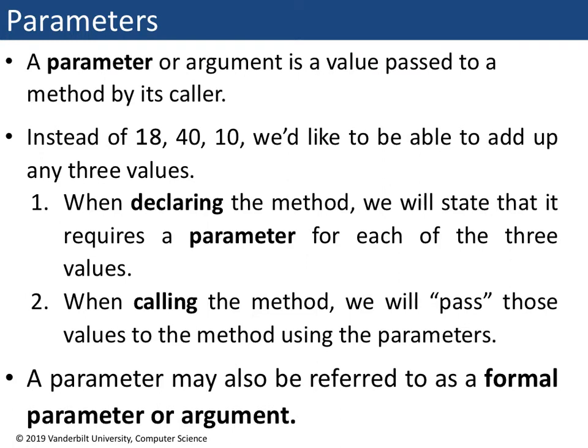To be able to use parameters in a method, we have to declare the method in such a way that we tell it we intend to pass it parameters. So that's the first key step. And then the second is, once we have declared a method that we've said we're going to use parameters with, we have to follow that up by calling the method and supplying the parameters that we said we were going to supply it with.